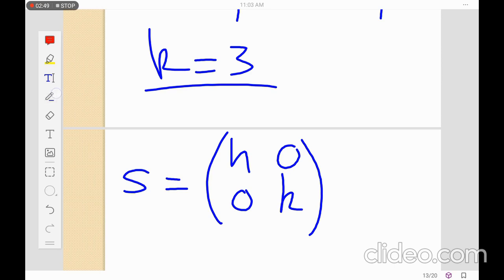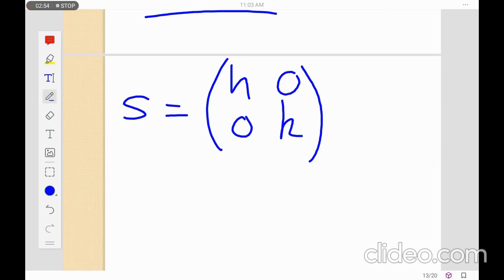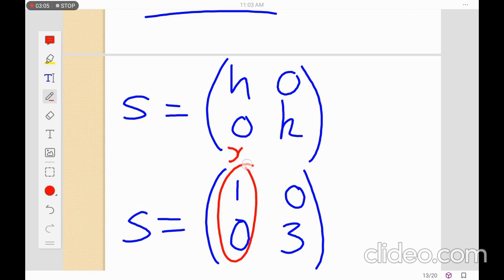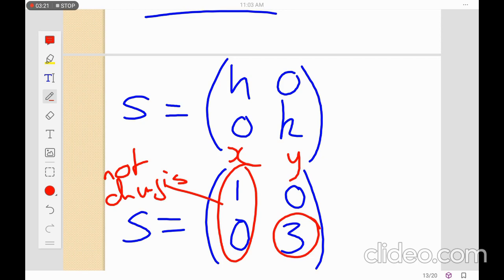So in my case where I had my x-axis as invariant line, I'll have my stretch matrix as 1, 0, 0, and 3. Okay, why? We are saying this one is the x values and these ones are the y values. So if the x values are not changing, it means the x-axis is the invariant line. Okay, so this becomes our stretch factor.